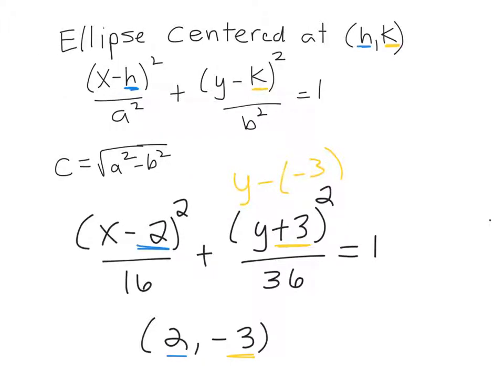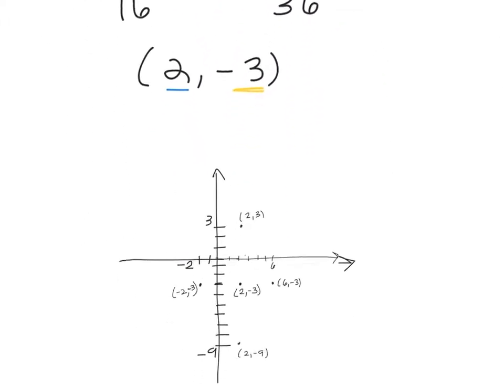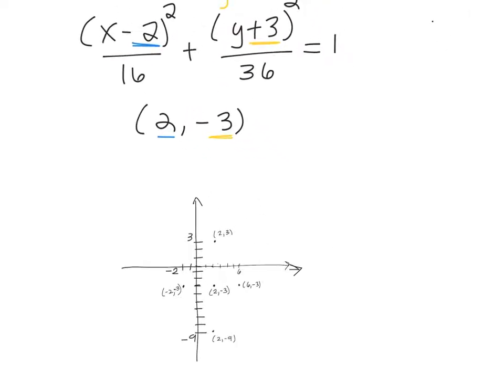And all right, so now let's get a decent picture of this, a decent graph. All right, so here's my center at 2, -3, and I need to go to the left and right the square root of 16. So from there I go over 4 to the right and over 4 to the left.